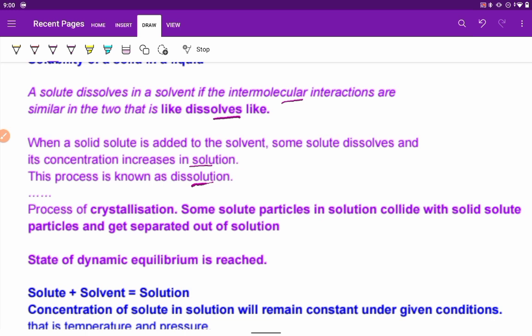Now there comes a stage when these two processes will be occurring at the same rate. When the two processes take place at the same rate, the number of solute particles which enter into solution will be the same as the number of solute particles which are separating out from the solution. So this is a dynamic process going on, and there will be a dynamic equilibrium.